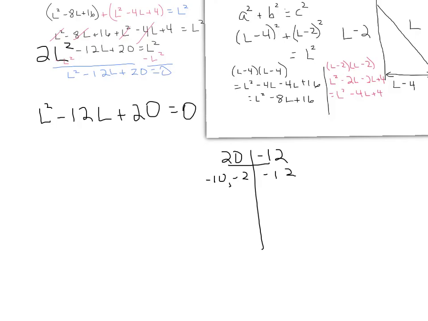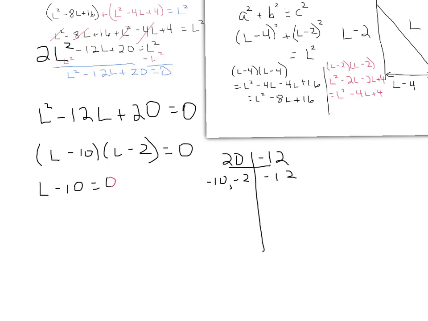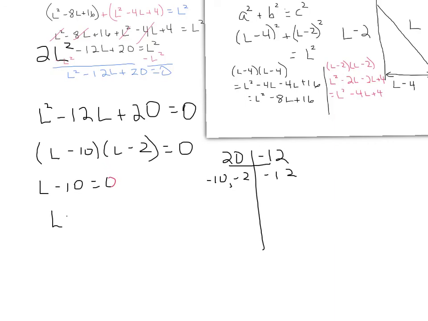So we come back over here and simply write (L - 10)(L - 2) = 0. So we solve L - 10 = 0, and we get L = 10. And then we solve L - 2 = 0, so we get L = 2.